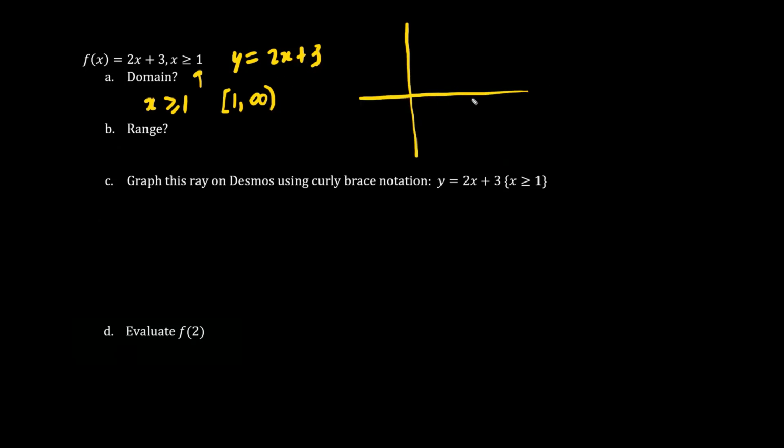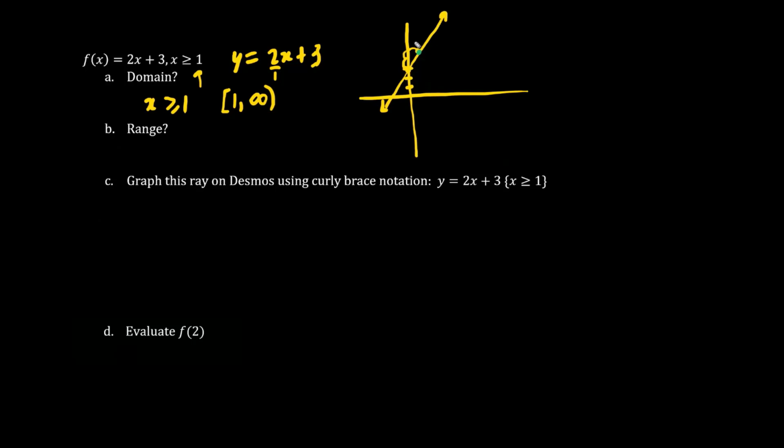If we think of the line here, 3 up, 1, 2, 3, and the slope is 2 over 1, that's 1, 2, and 1 right. We connect these points, and we can see that the line extends forever. However, to say that x is greater than or equals to 1, we only shade in this right part here.